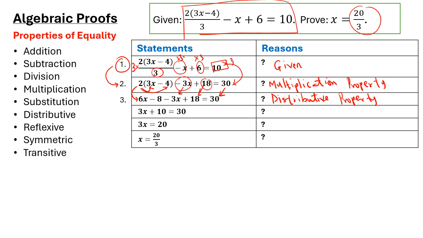And next, we're going to see how this equation reduces again. So here we can see that we had 6x here, and we had negative 3x here. We had negative 8 here, and then we had positive 18 here. But 30 did not change.